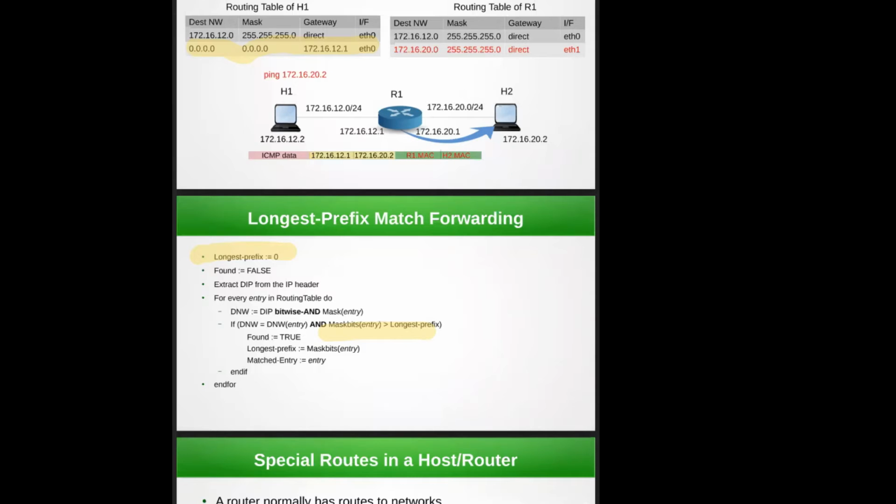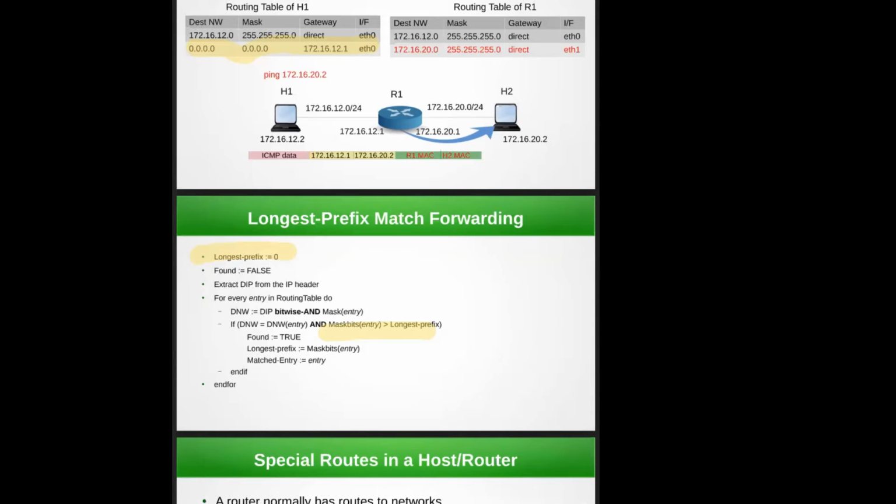How do you determine that? You determine that based on the number of bits in the mask. The number of bits in the mask for the first entry is 24 and for the default entry is 0.